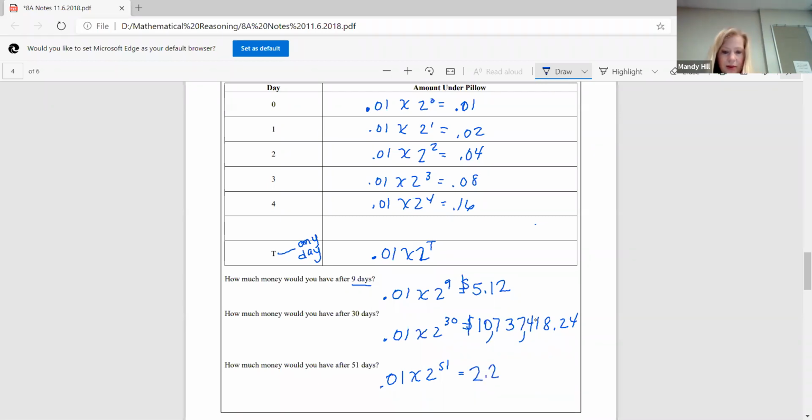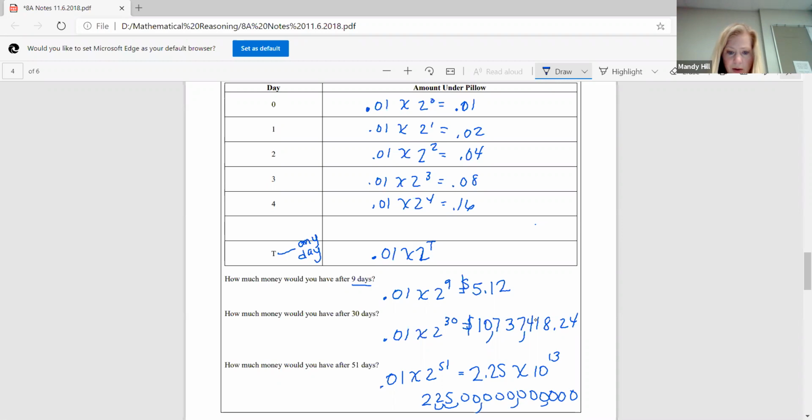The number is so big that it's giving me the number in scientific notation, so this is an approximation. But we would have to move our decimal 13 times, so 2, 5, that would move it twice. So 1, 2, 3, 4, 5, 6, 7, 8, 9, 10, 11, 12, 13.